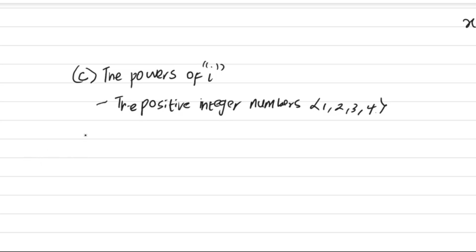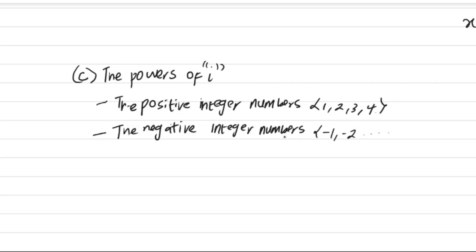So let's put the second one as the negative integer numbers. And the negative integer numbers, for example, we're going to have -1, -2, and it keeps on going. So let's start from the positive integer numbers in terms of power.